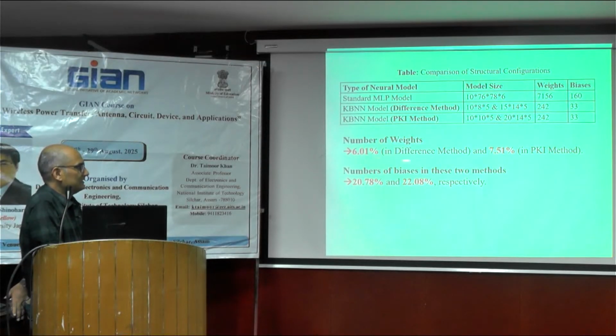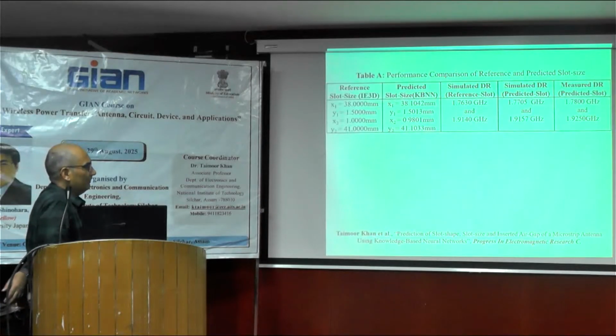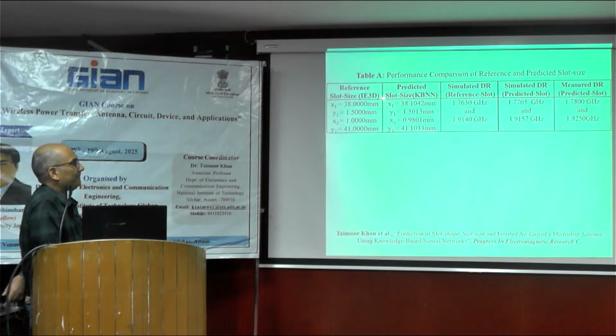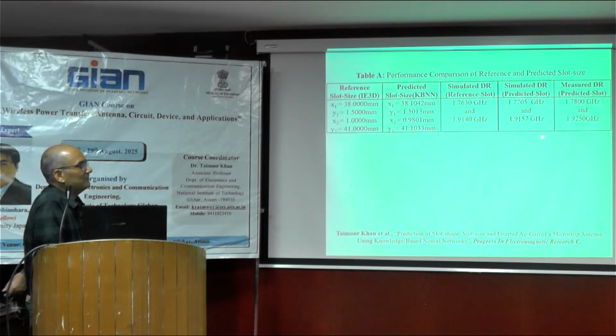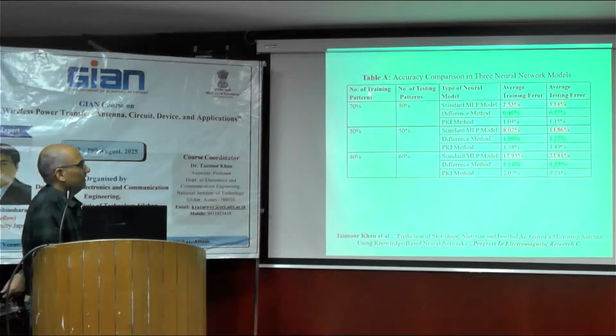Number of weights is only 6%, and 7.51% for number of biases. Performance predicted, simulated and measured, you can see here. Number of training and testing sets: 70, 30, 50, 50, 40, 60.